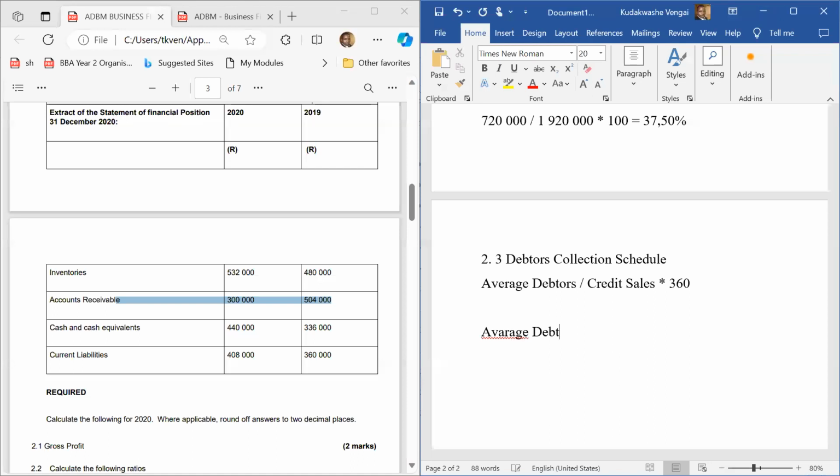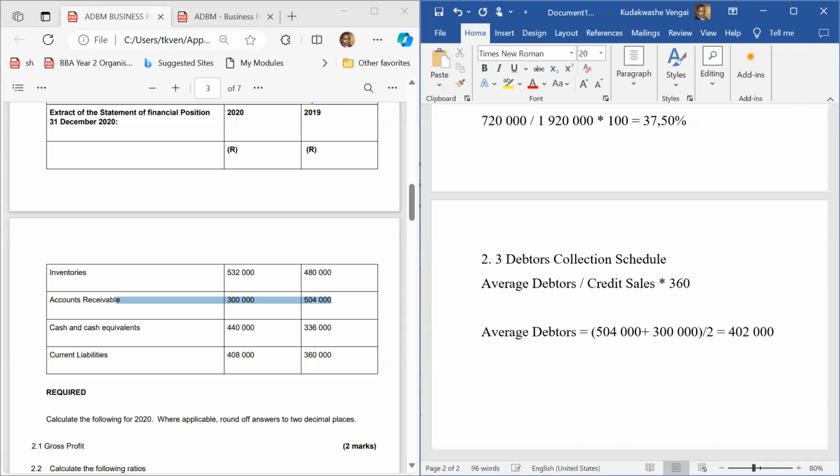So that's going to be 504,123 plus 300,123 divided by 2, and that gives us the average, which is going to be 402,123.